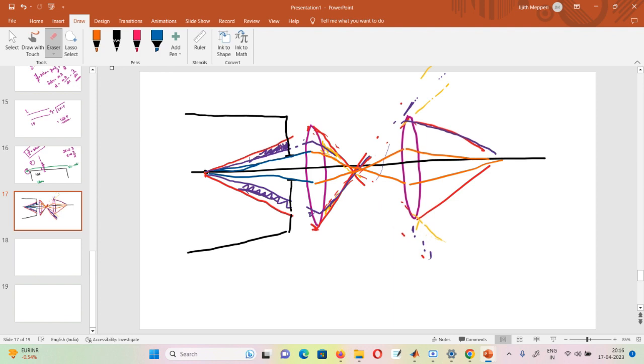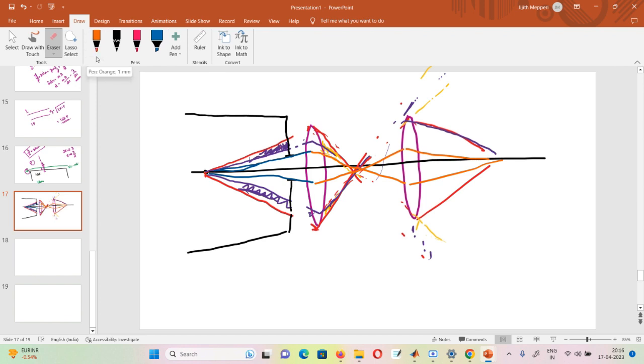Now you understand the concept of aperture stop. It can come anywhere. Now you see that this is the one which is controlling all the light.